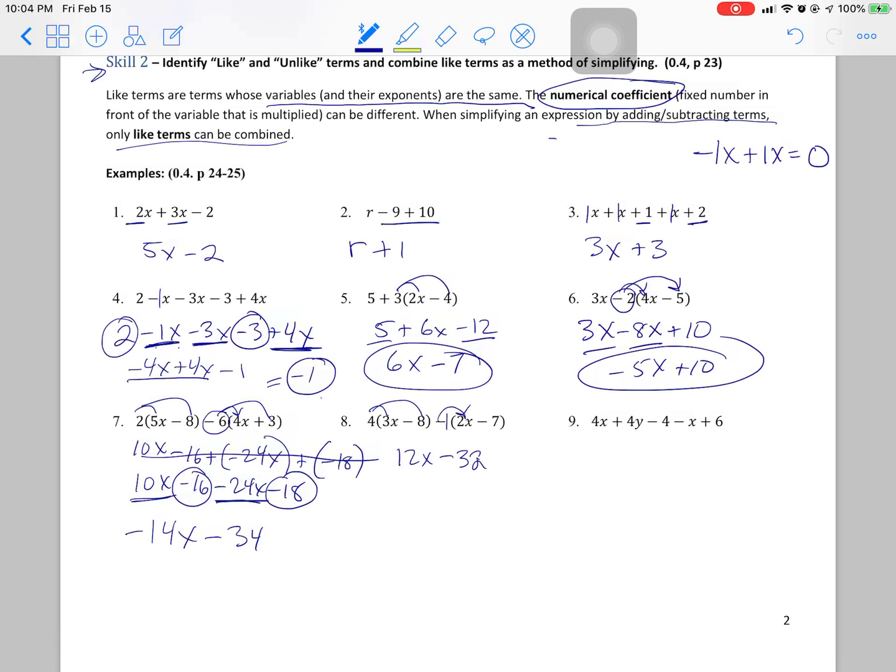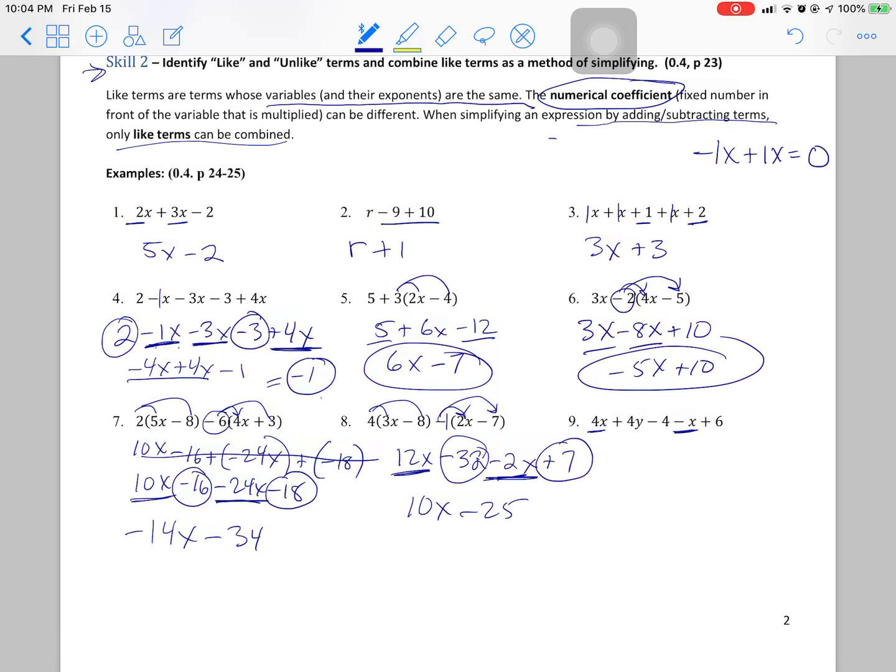Negative 1 times a positive 2 is a negative 2x. A negative 1 times a negative is a positive 7. Like terms, 12 minus 2 is 10. And negative 32, positive 7, negative 25.